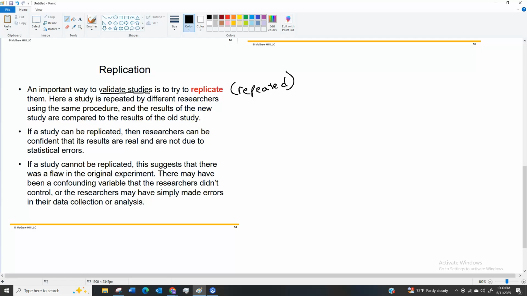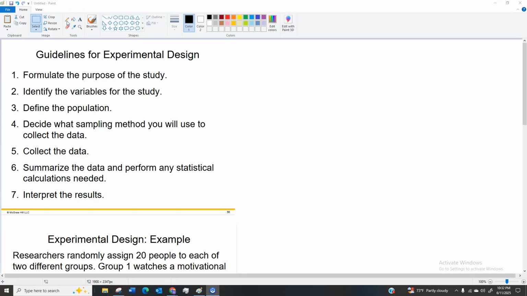So just really briefly, we have these general guidelines for an experimental study. We're not going to be conducting any studies, but this is what a researcher would do. They would formulate the purpose of the study. Then they would identify the variables. What do they want to change in order to see what outcome it causes?